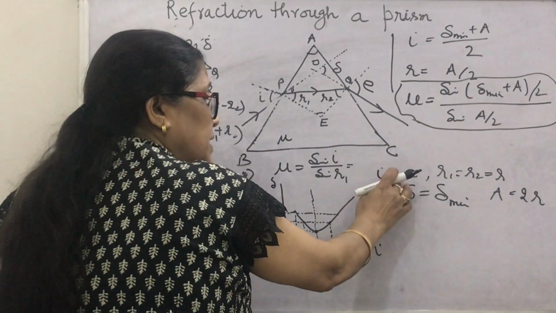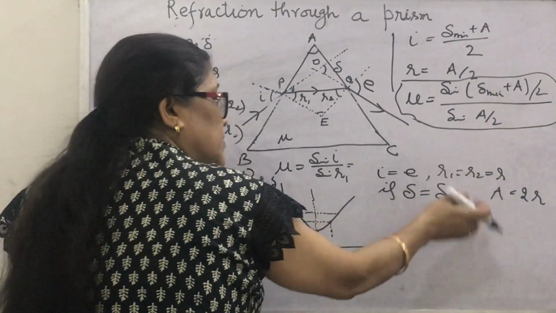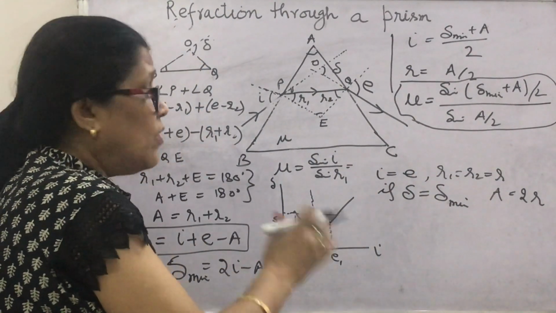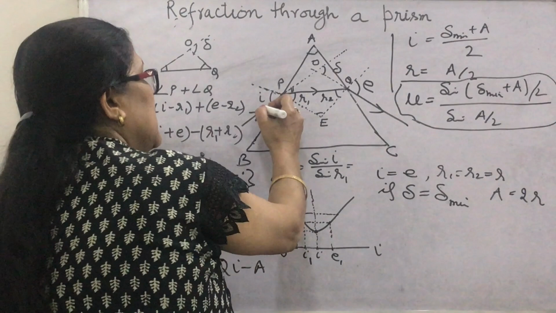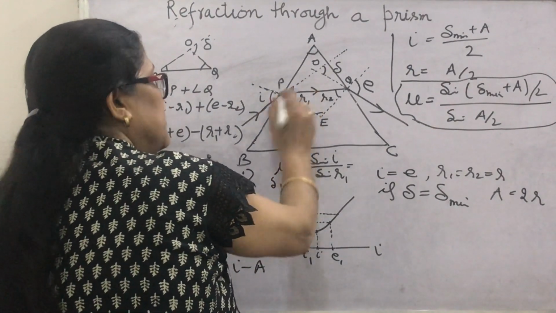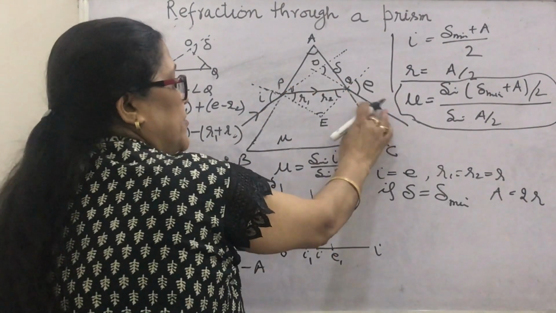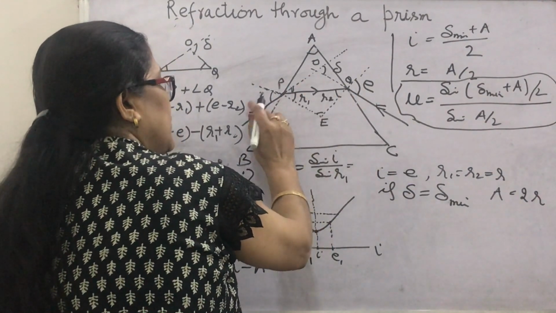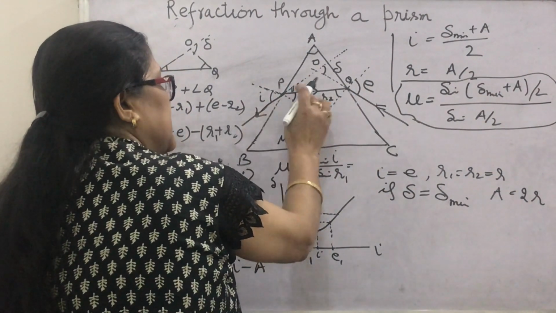I equal to E, R1 equal to R2 when the prism is placed in the position of minimum deviation. Also, the principle of reversibility holds, that if you make this ray the incident ray, then this will be the emergent ray.